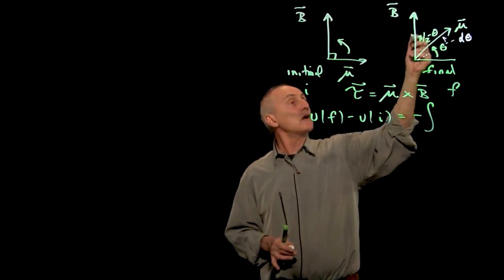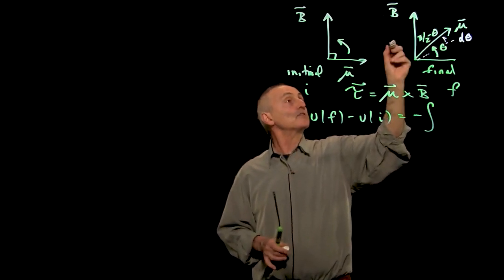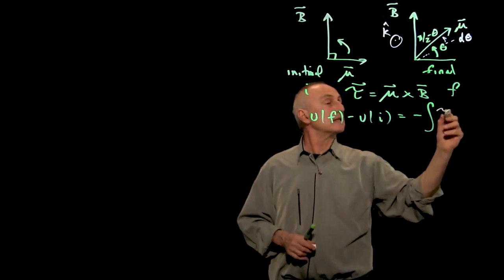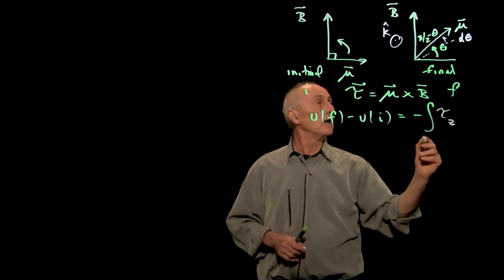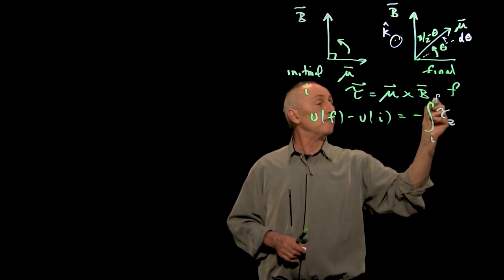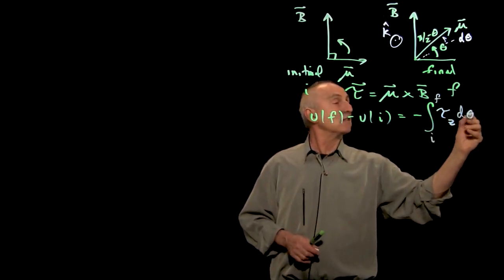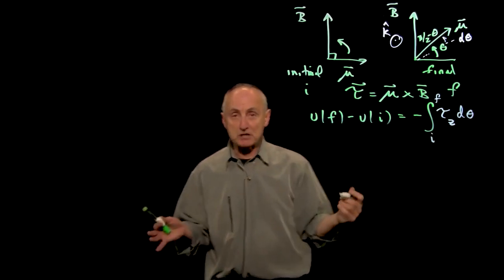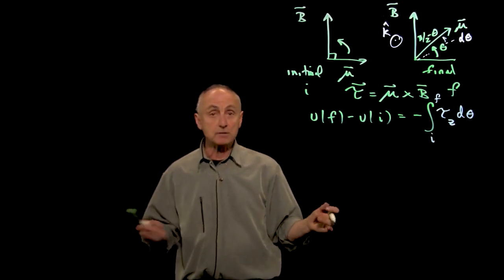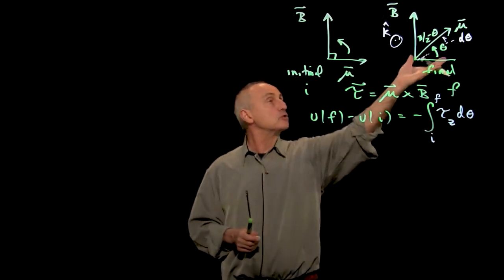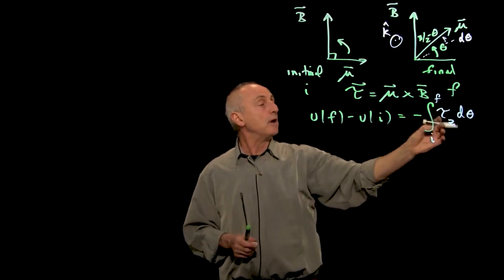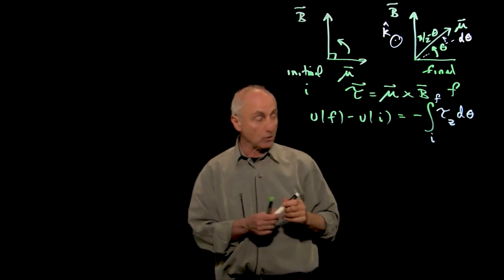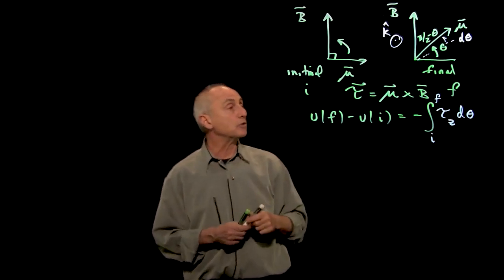Based on our coordinate system, theta with respect to this axis, we're choosing k hat out of the board. And so I'd like to get that z component of the torque as I go from my initial to my final state times d theta. And why the minus sign? Because remember, potential energy in general is minus work done. Here, the torque is being applied over some angle by the force and by the magnetic field, and so we say minus that quantity.